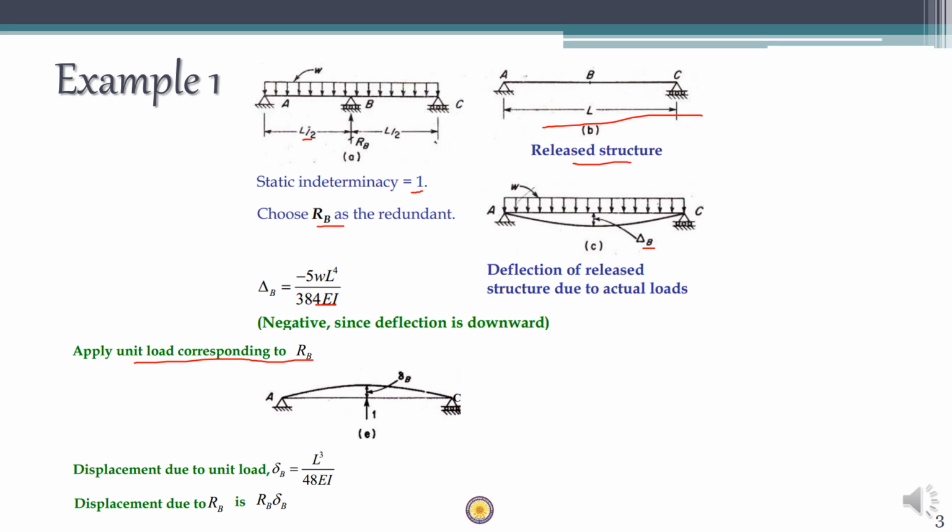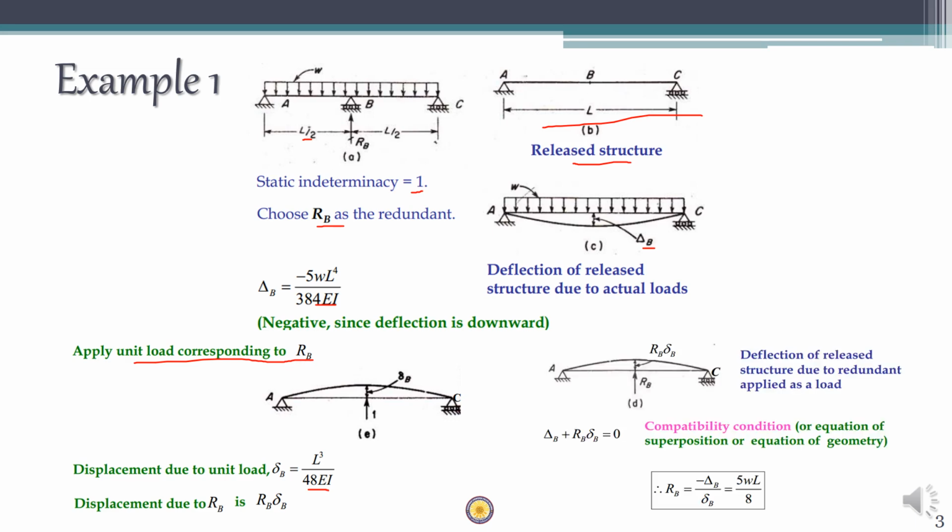So here the load is 1, so it becomes L3 by 48EI. So delta B. So if a unit load 1 has caused the deflection of delta B, in place of unit load, if we apply the actual support reaction RB, the support displacement will be RB into small delta B, right? So check this carefully.